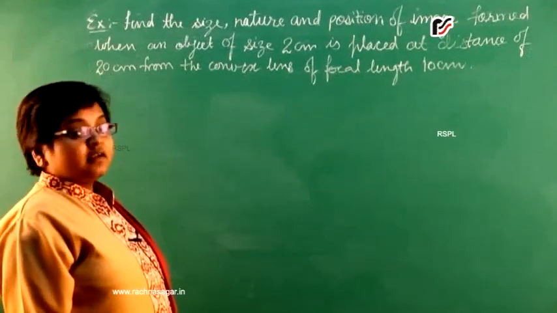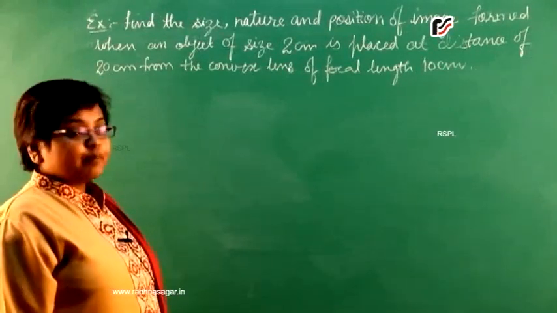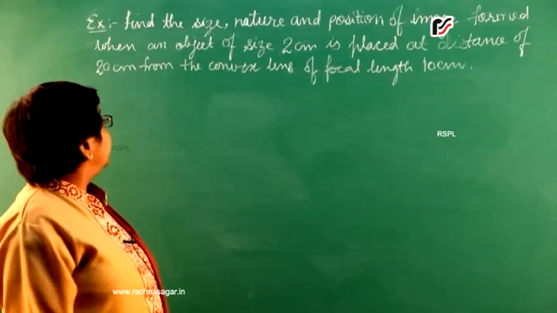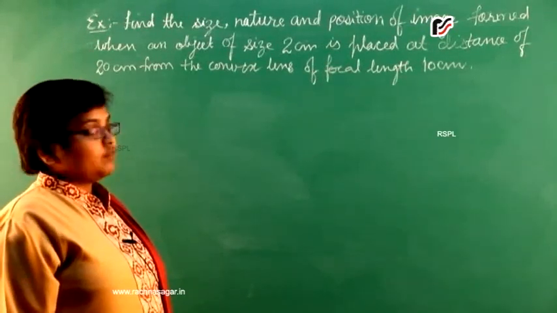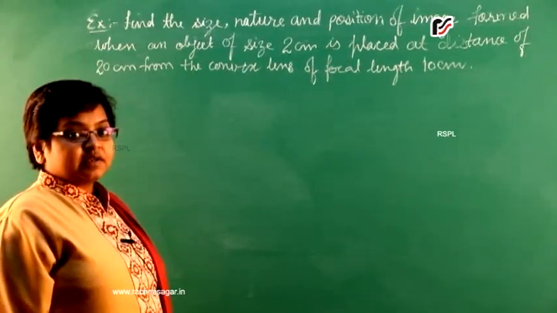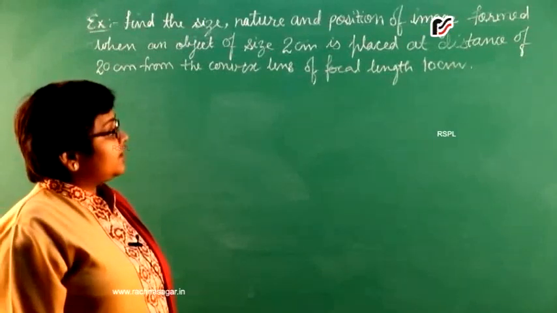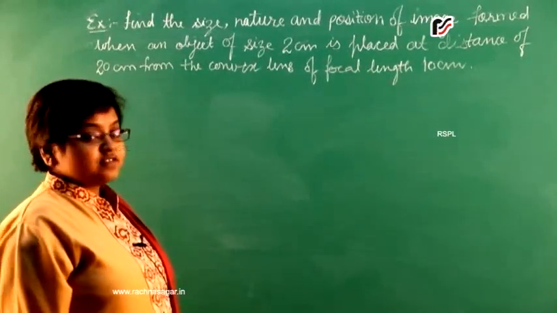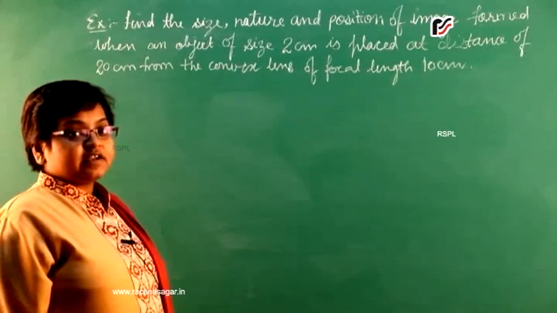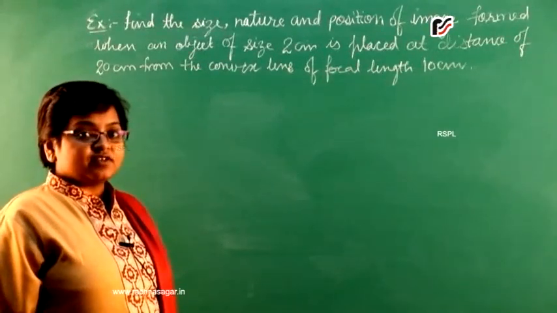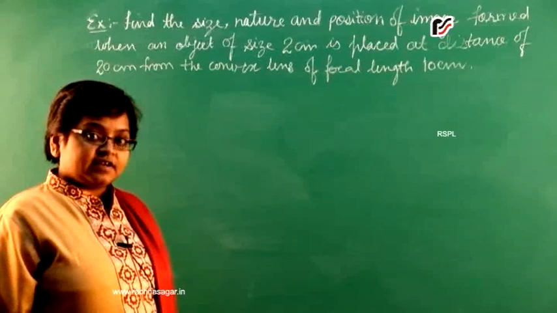Find the size, nature and position of image formed when an object of size 2 cm is placed at a distance of 20 cm from the convex lens of focal length 10 cm.